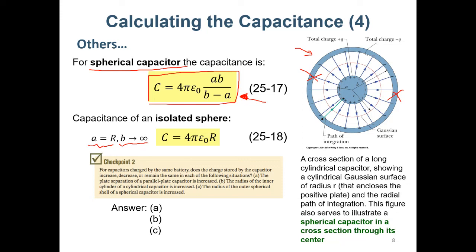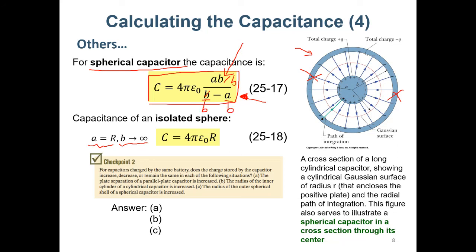And the capacitance is nothing but 4 pi epsilon naught times R, because you can just make b tend to infinity here, and then we can just divide by b and divide by b.